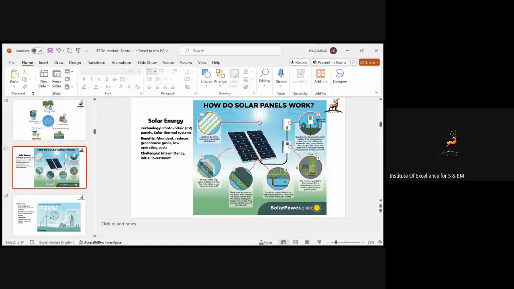So I want to tell you how solar power was discovered. In the 17th century, men used sunlight to light fires by reflecting the sun rays onto shiny objects. Later, the Greeks and the Romans harnessed solar power with mirrors to make light. So these were basically inventions of the Greeks and the Romans.